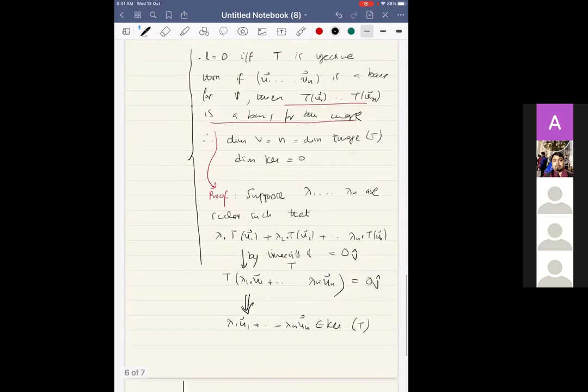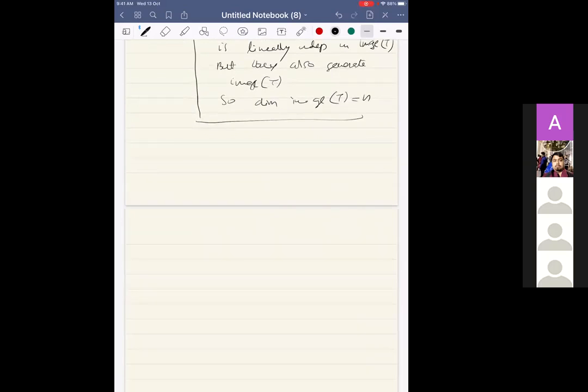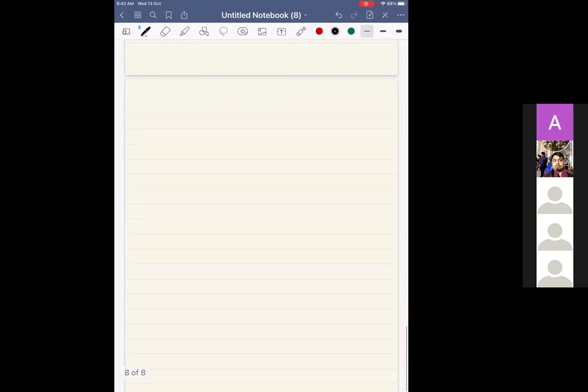Okay, so now we have to deal with the general case where the kernel of T is neither the full vector space nor just the zero vector. So something in between. In other words, L is strictly smaller than n and strictly bigger than 0.